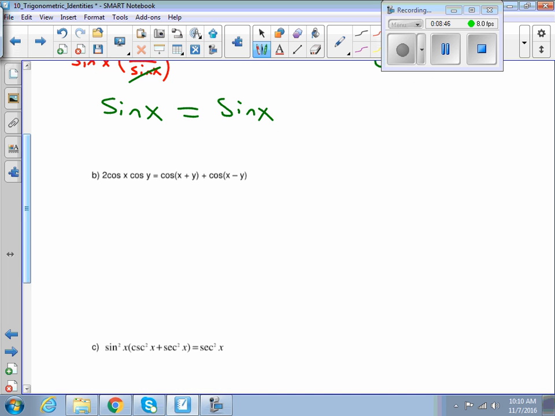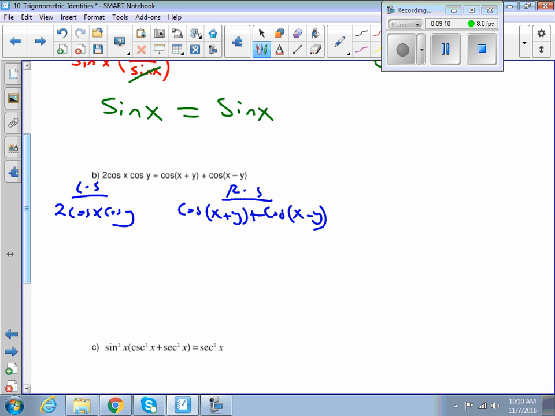So we have 2 cos x cos y equal to cos(x + y) plus cos(x - y). Again, I make my left side and right side. My left side is 2 cos x cos y. My right hand side is cos(x + y) plus cos(x - y).